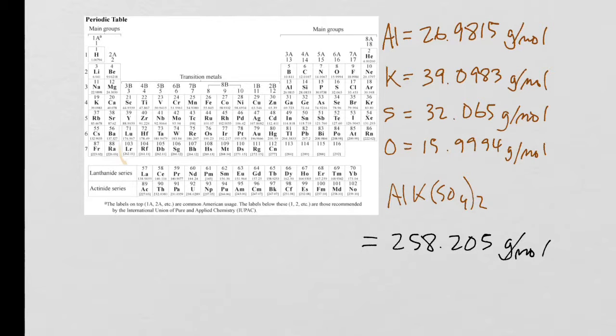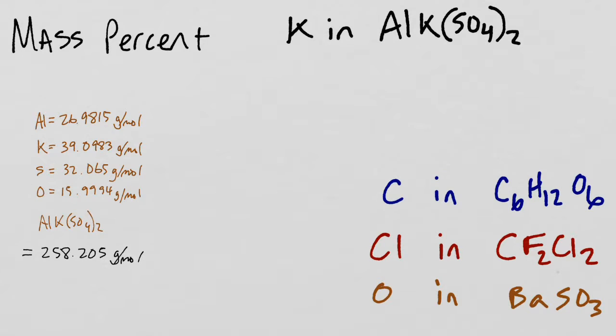Now that we know what the whole formula mass is, what we're looking for is the mass of the total potassium over the mass of the entire molecule, which is aluminum potassium sulfate, times 100.